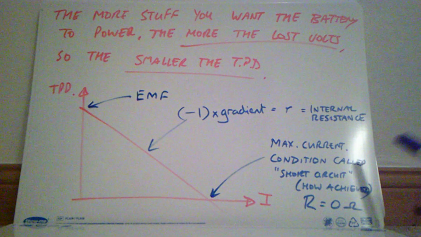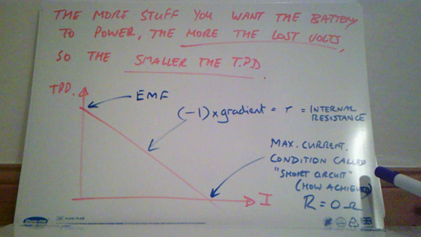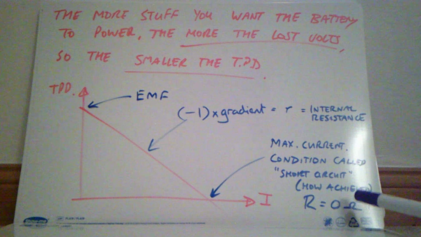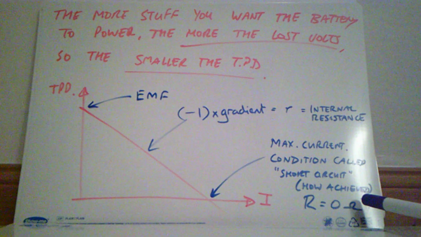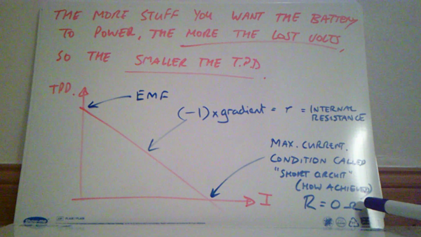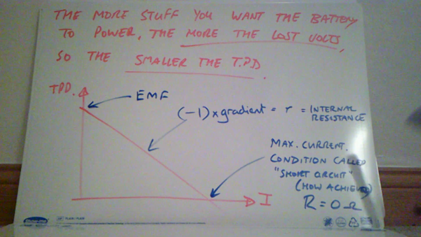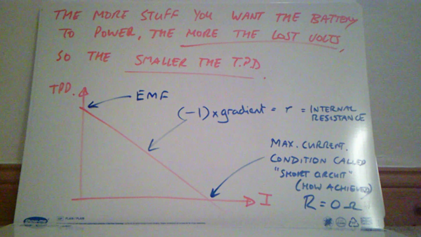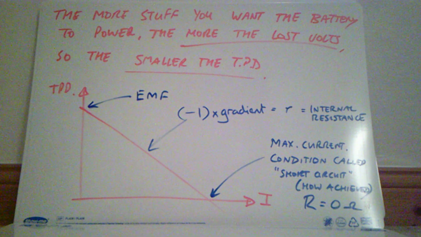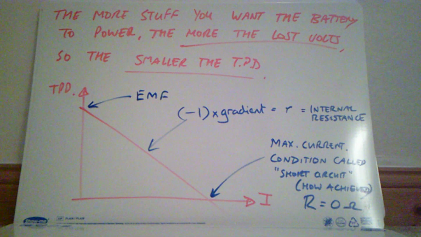The reason it's called short circuit is because how you achieve this in real life is, if you want to get this maximum current, you want the external resistance in the circuit to be 0 ohms, and I suppose you never get it exactly 0, but the way you get it virtually 0 is you attach a very short length of wire just between the battery terminals, and that's called a short circuit, and you get a very big current, and it is really bad for the battery.